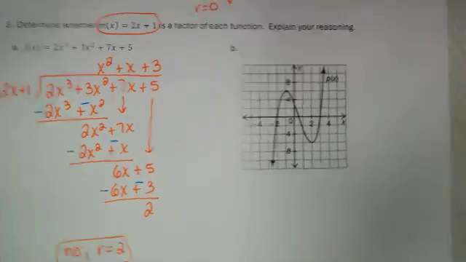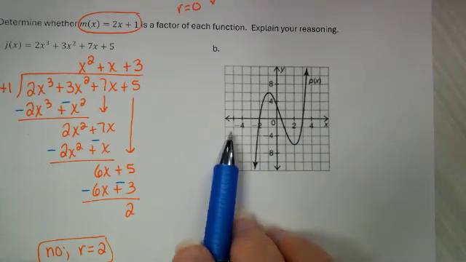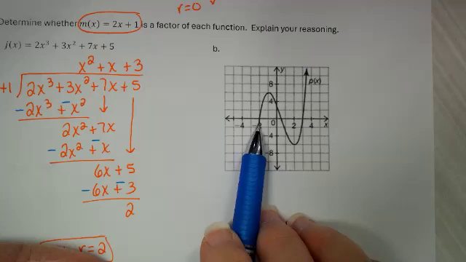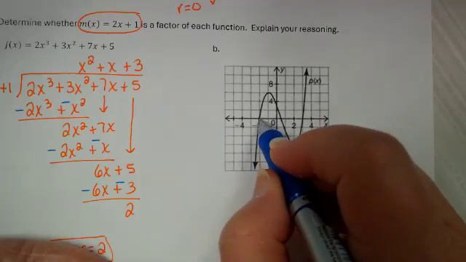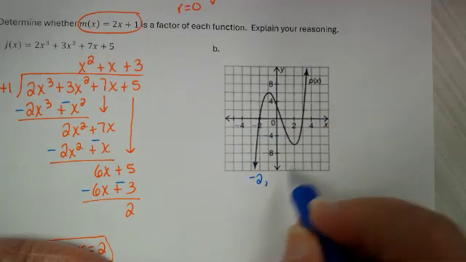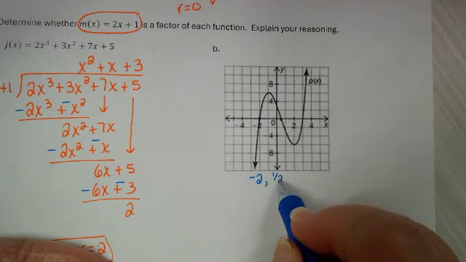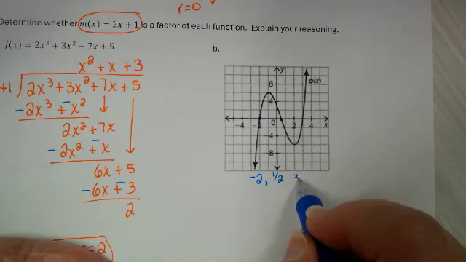The next question is a little bit easier to answer. On this graph, can you identify the zeros? I see a 0 at negative 2. I see a 0, I'm going to say that's at 1/2. And I see a 0 at 3.